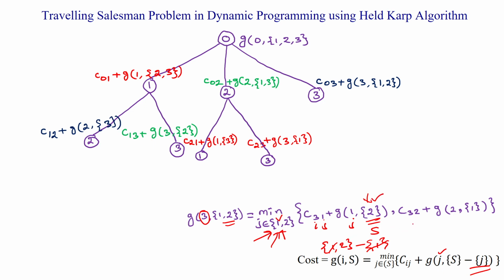When you subtract this 1 from this one, we get the remaining 2, that is this subset 2. The next option is j value 2. So now we substitute j value 2, then plus g of j value 2 comma, here we get the subset result of this one. So how did we get this? The available subset is 1 comma 2 minus j value 2.